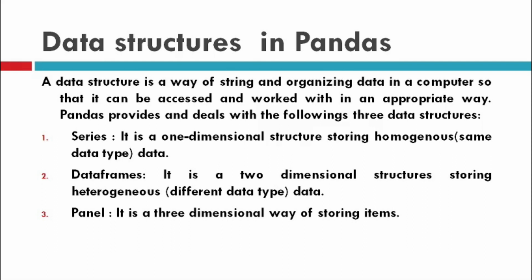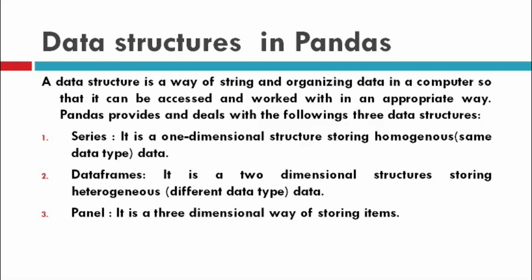A data structure is a way to organize data in your computer so that you can access or work with it in appropriate ways. Pandas provides and deals with the following data structures: series, data frames and panels. Series is a single dimension array storing homogeneous data types.